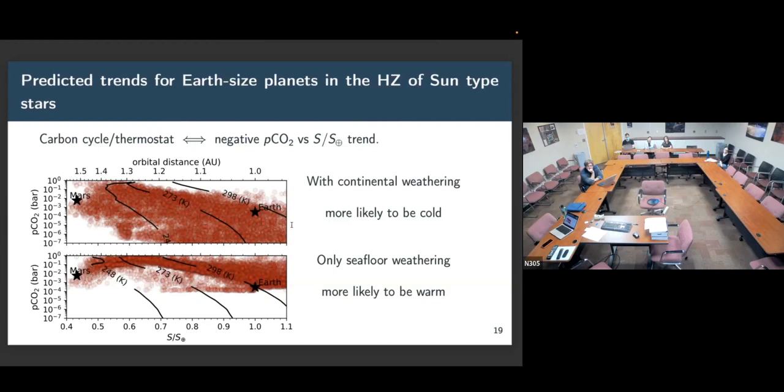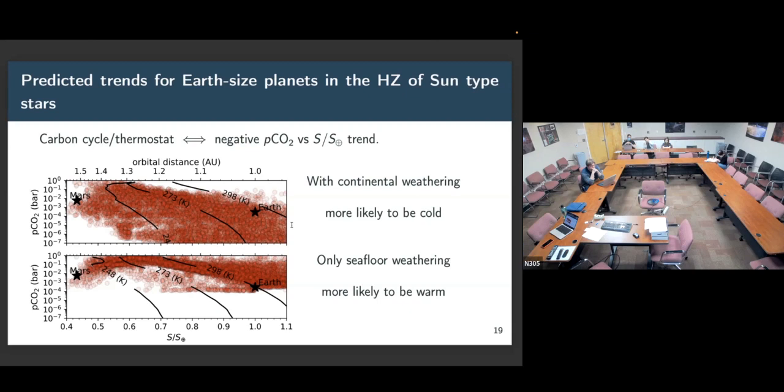On top here, assuming that continental weathering can exist, we show the steady state partial pressure of CO2 in the atmosphere as a function of the insolation. We see downward trends: the more light energy is received, the lower CO2 is, as expected from how this thermostat, the continental and seafloor weathering thermostat, works.